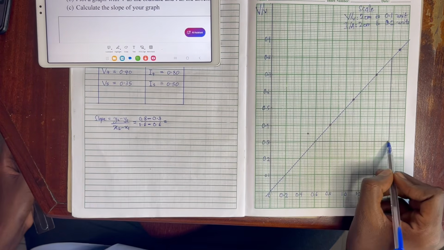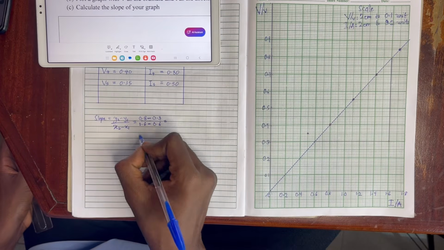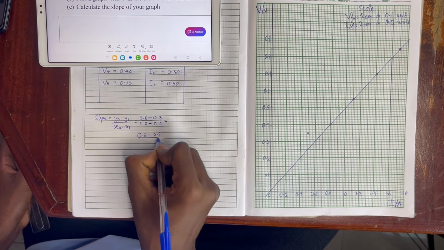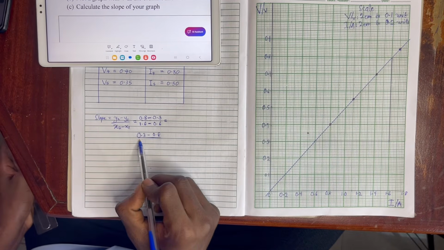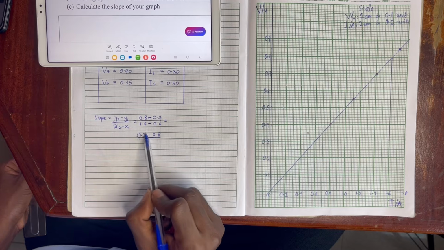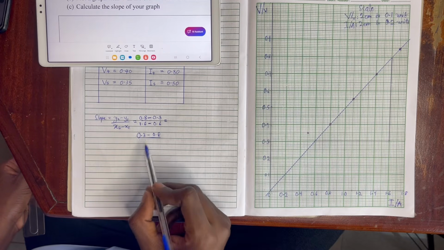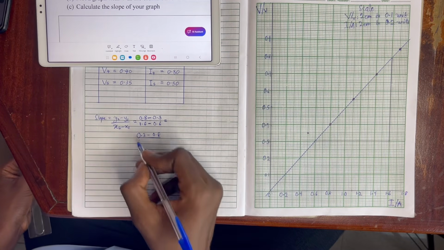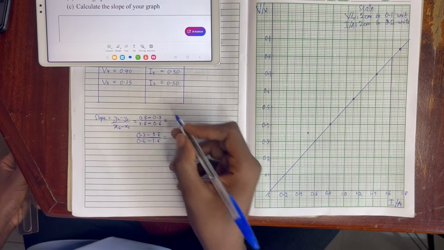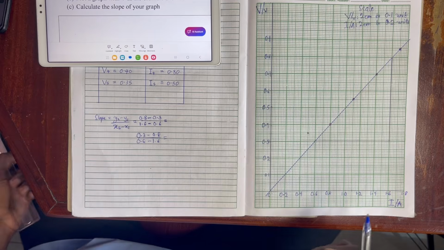Assuming I pick the 0.3 to be my y2, 0.3 minus 0.8 over, now assuming I write 1.6 minus 0.6, I'm not going to get my right answer because I put the smallest value first for the y. So I'm also supposed to put the smallest value for the x. So 0.6 minus 1.6. And when I punch on my calculator, let's see what I'm going to get.